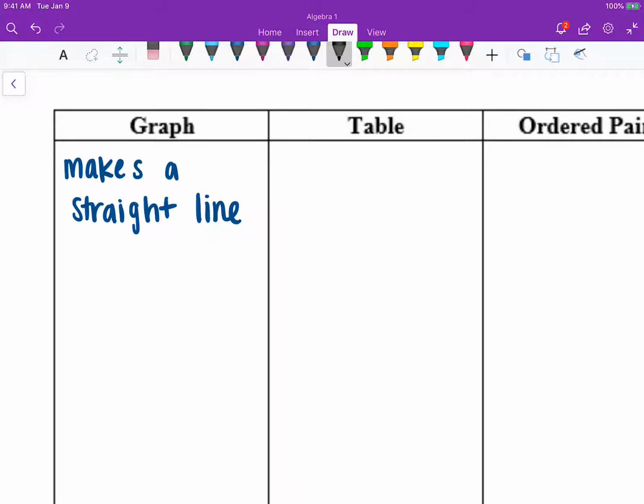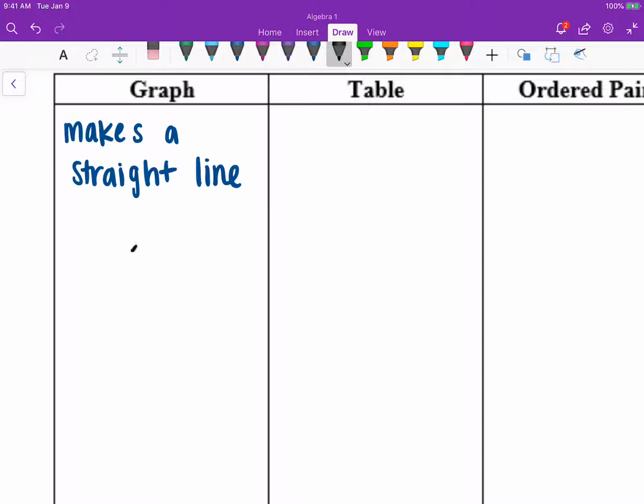And so if I draw a picture of what that would look like, we've got an x and a y axis. We've talked about like discrete graphs and continuous graphs, and all sorts of types of graphs. We've seen U-shapes and V-shapes and lines. But specifically, if something's a linear function, it has to make a straight line. So it could look like that.